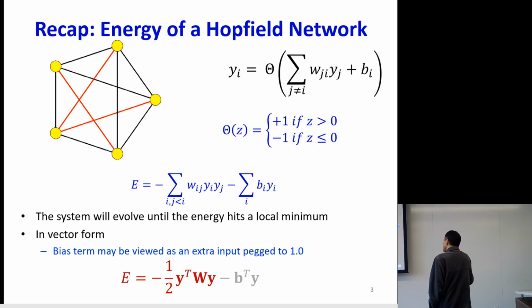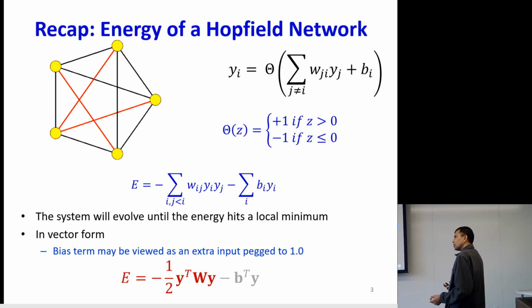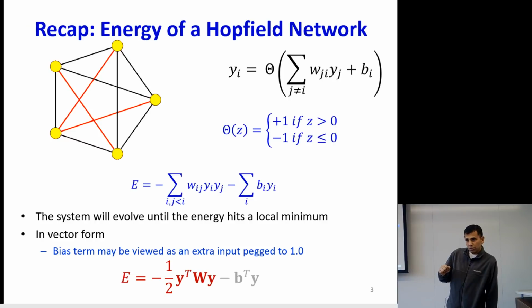So you end up with this evolving process where if you initialize the network with some set of values, each neuron is going to try to align itself to the local field. In doing so, it changes the field at other neurons. So those may flip and so on. The entire system will evolve. And we also saw that the system continues to evolve until this energy term that we've defined, also called the Hamiltonian in spin glasses, converges to some local minimum.